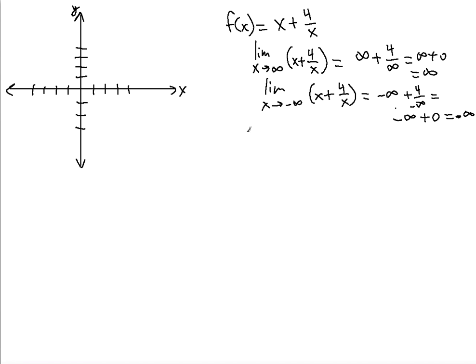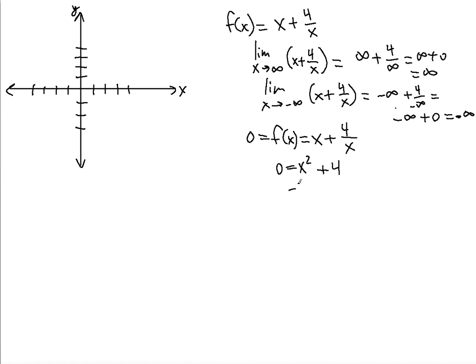How about finding the x-intercepts? That's when y is equal to 0, right? f(x), so x + 4/x. We're trying to find the points when this graph hits the x-axis, right? That's precisely what the x-intercepts are. So multiplying both sides by x, we will get 0 = x² + 4.